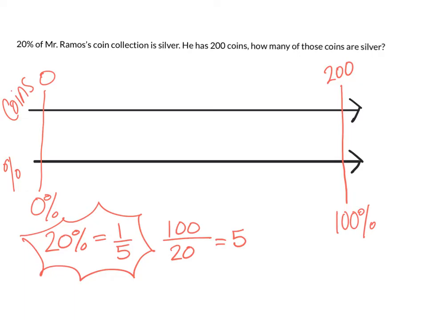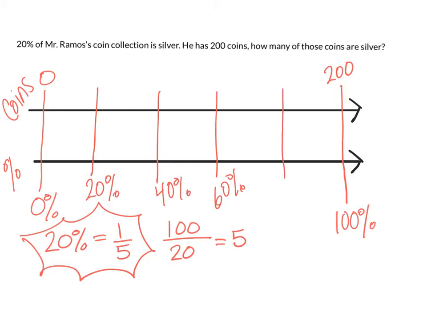So I'm going to go ahead first and label my percents. We need 20%. We have 40%, 60%, and we have 80%. Now we need to figure out what do the coin numbers equal to.